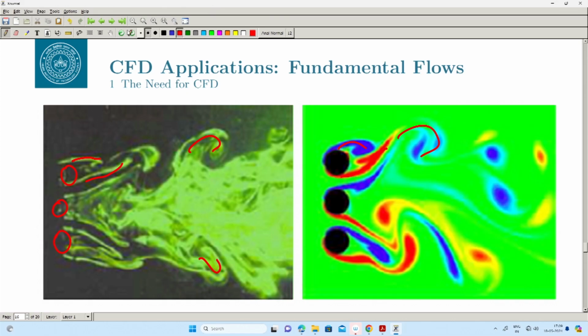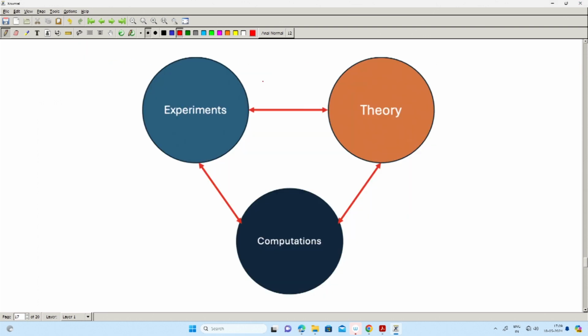So there are certain aspects where your CFD wins. We will discuss some of these things in the next class, and we will also look at certain other CFD approaches.